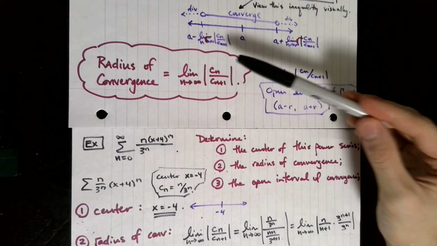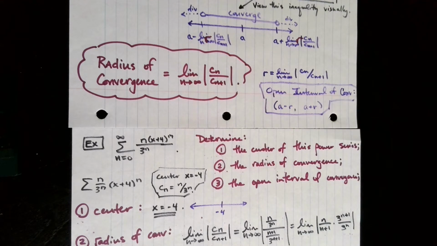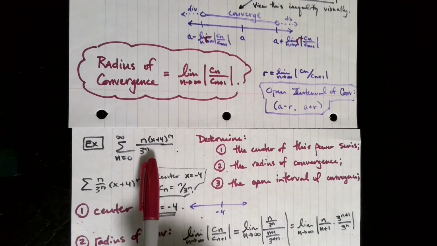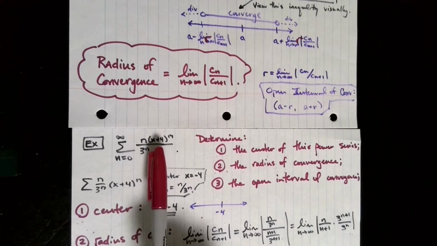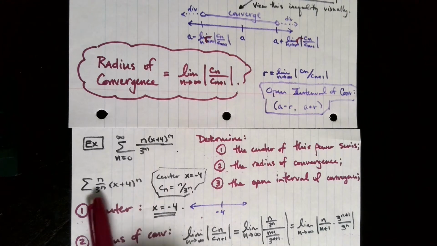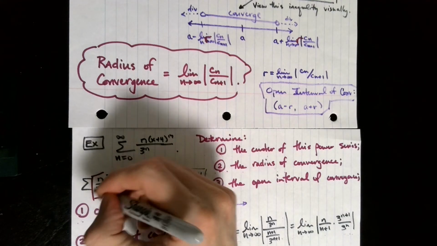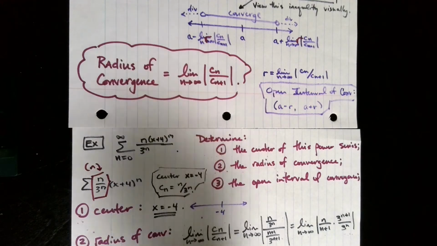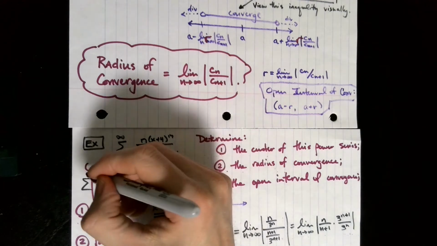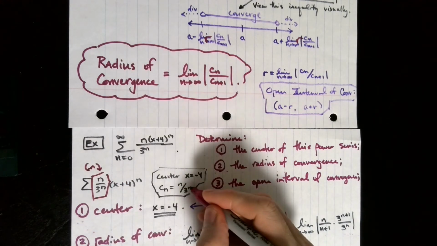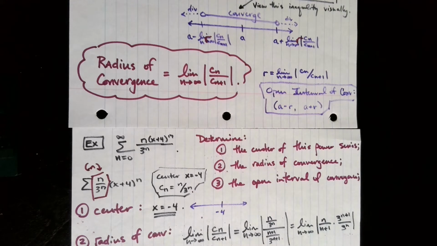Now remember, Cn is just the general form of the coefficient of your power series, and maybe the cheapest way to see this is just to take that power of x plus 4 and write it out in front so that you're just looking at the coefficient straight away. So here's the general form of your coefficient, here's your Cn right there. So in other words, Cn is just n over 3 to the n.